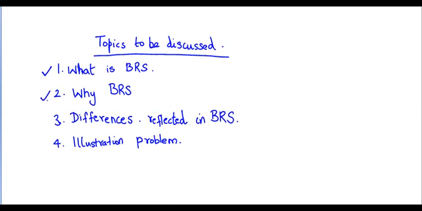Third, we are going to see the differences which are reflected in a bank reconciliation statement and the categories of the differences: whether all these differences are to be counted, or they are just differences for presentation purposes, which require an entry in the books of accounts or do not require an entry. We will see all those details in the third section. And finally, we will work out a problem in detail, taking into account the understanding we have got from the bank reconciliation statement.